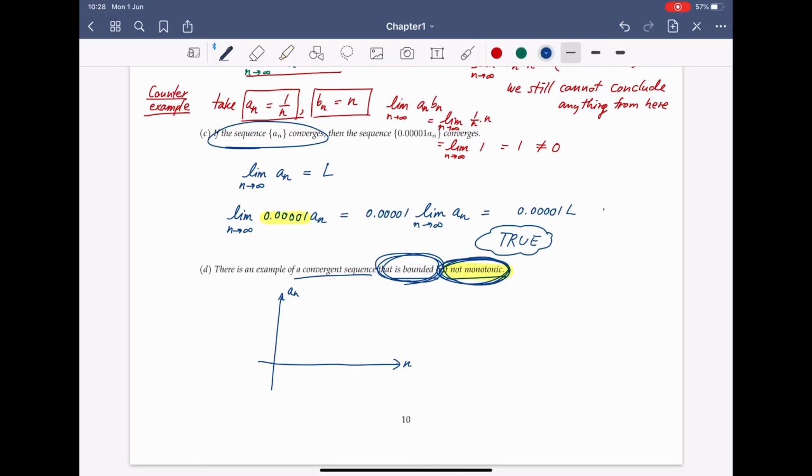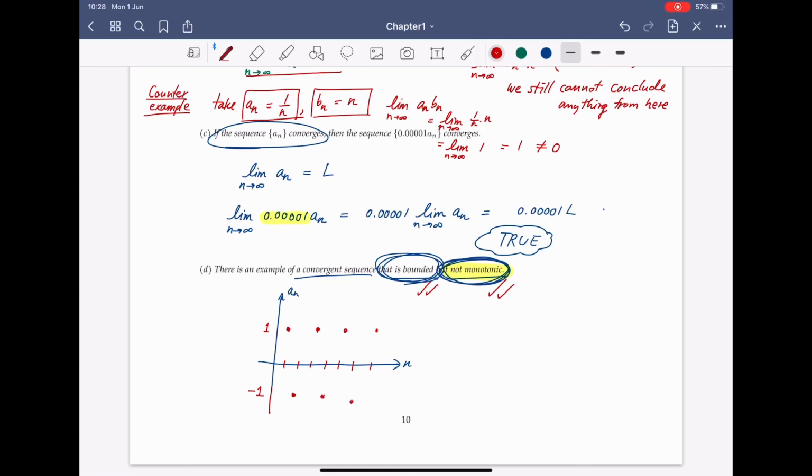So we are going to start by maybe just using the concept of sine and cosine. So let's say that this is my n. I'm going to start by this and this and this and this. Let's say this is 1 and this is -1. So this is not monotonic already. And then we want a sequence that is bounded.